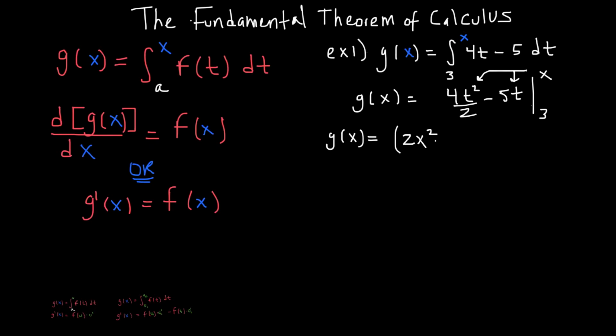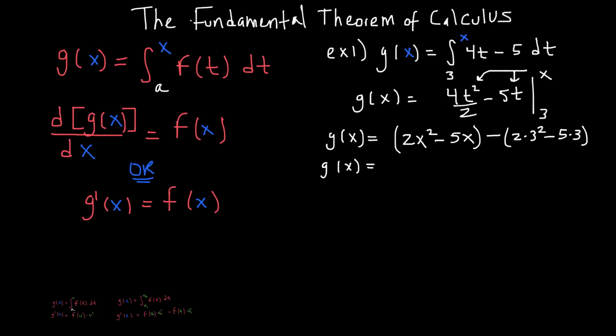squared minus 5x. That's the upper limit, with me simplifying the fraction. Minus the lower limit 3, so it'd be 4 divided by 2, 2 times 3 squared minus 5 times 3. So there's g of x, upper limit minus lower limit. And then I could do a little more work with that. But remember, at the end, what I want is to find g prime of x.